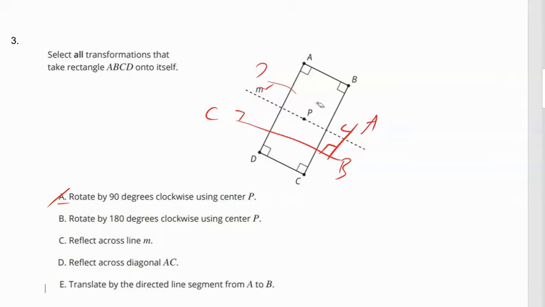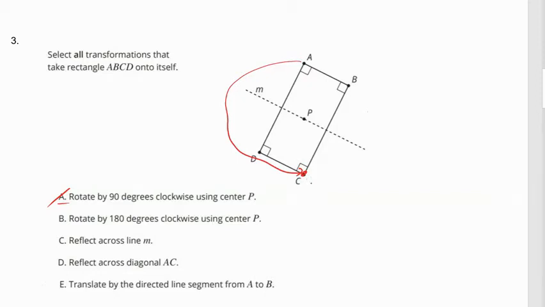Now part B. Part B says rotate 180 degrees. Aha. And it says clockwise using center P. Well, remember rectangles here. If you rotate 180 degrees, that means point A is going to rotate all the way around 180 degrees, map onto here, right?